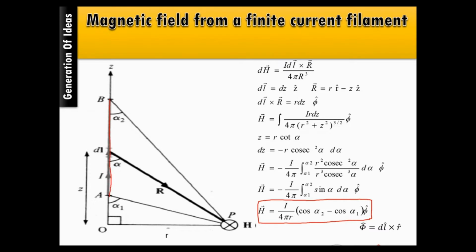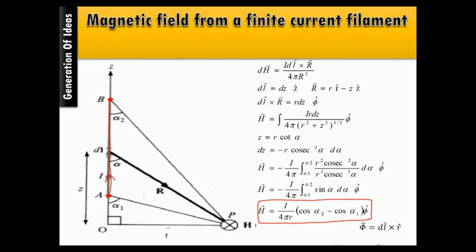Imagine you have a current flowing in the z direction. This is your observation point, point P, where you wish to find the magnetic field. You join point A and point B with the observation point P, which is very similar to the electric field intensity that we calculated in chapter 1.